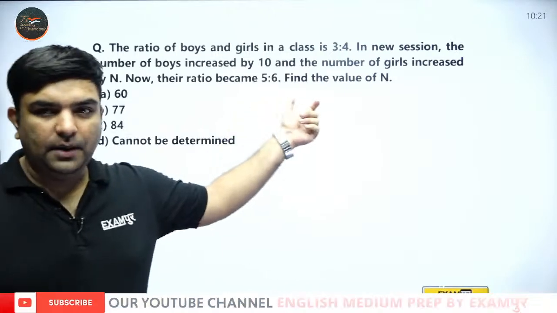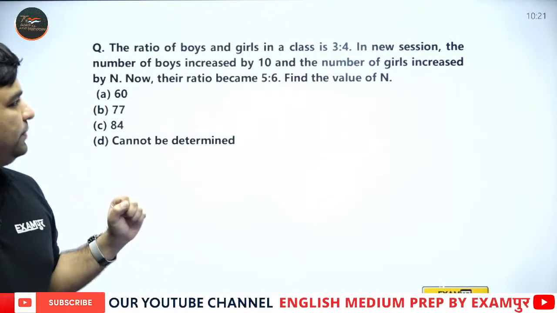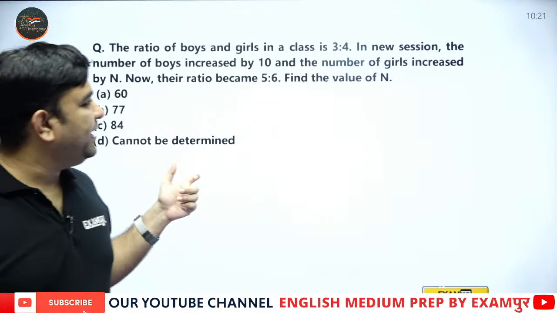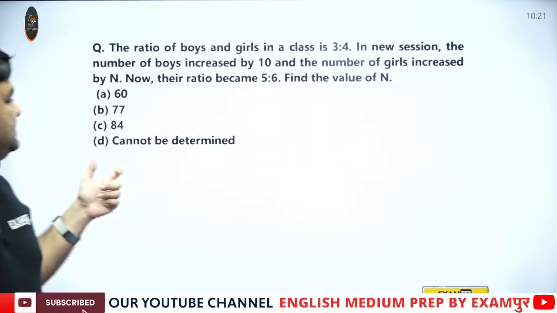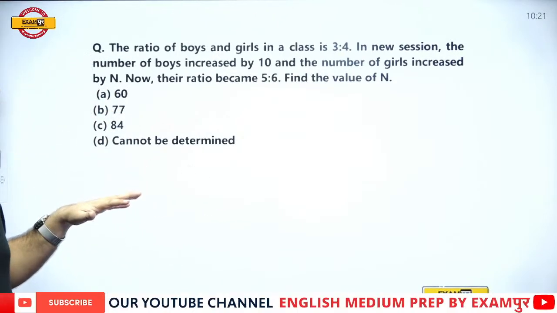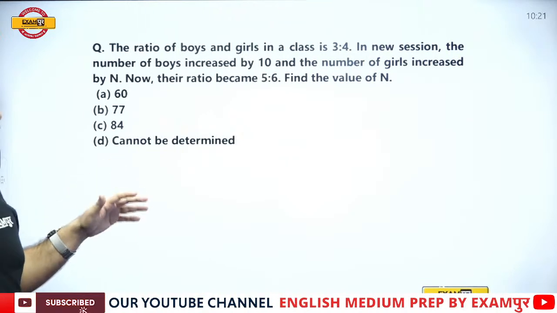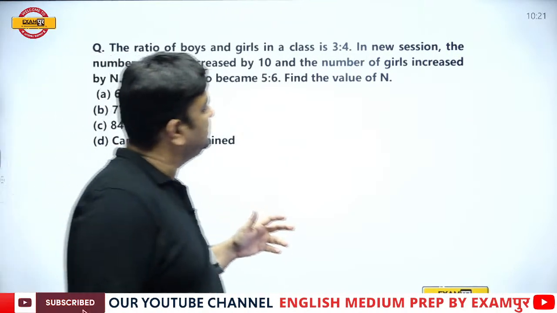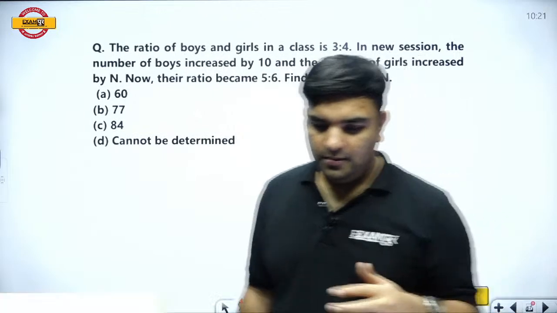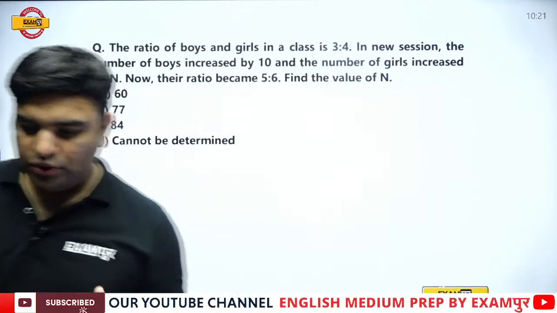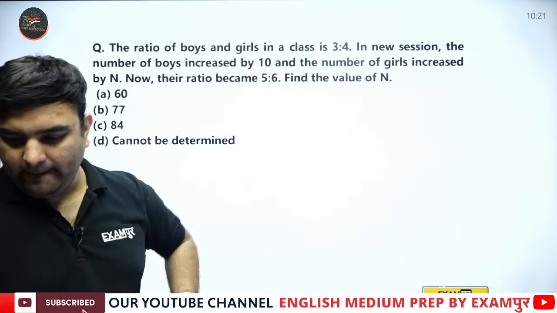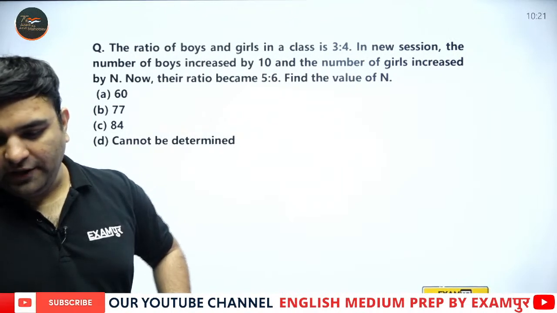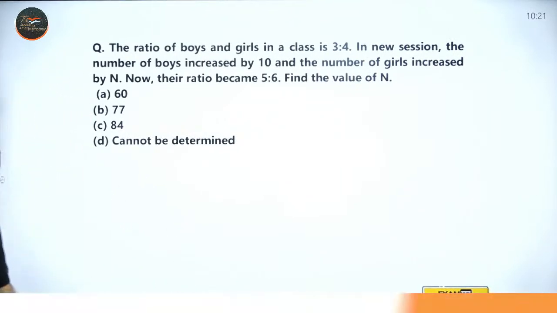Boys and girls in a particular class are given in this ratio. Boys increase by 10, number of girls increase by n. The new ratio has become 5:6. What is the value of n?